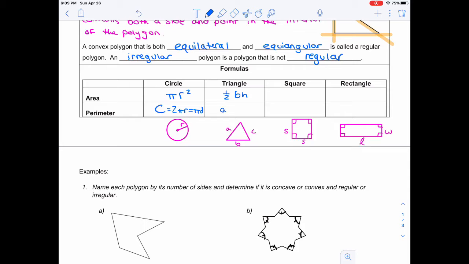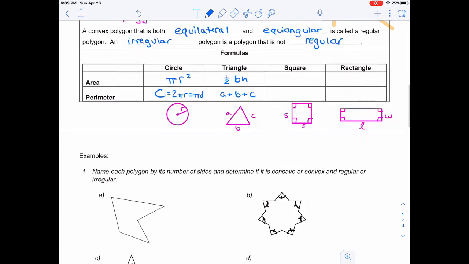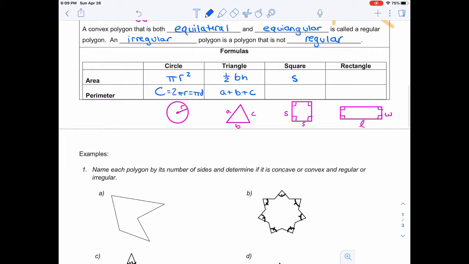Our perimeter, we obviously add up the sides, so using that triangle down there, a plus b plus c. Our square's area, we just do our side squared, and perimeter would be 4 times our side length. And our rectangle area is length times width, and perimeter is 2 length plus 2 width, okay?